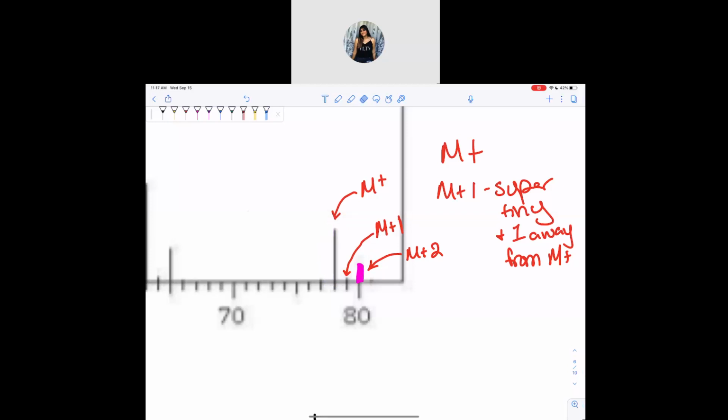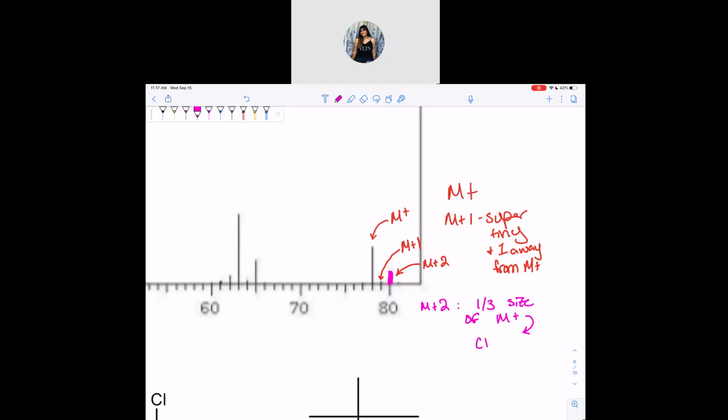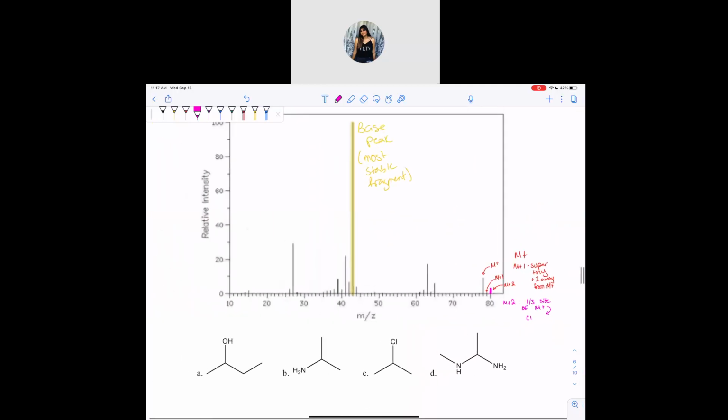So when the M+2 is 1/3 the size of our M+, we know that a chlorine is present. So let's zoom back out. So we can automatically see the only answer choice with a chlorine is C.